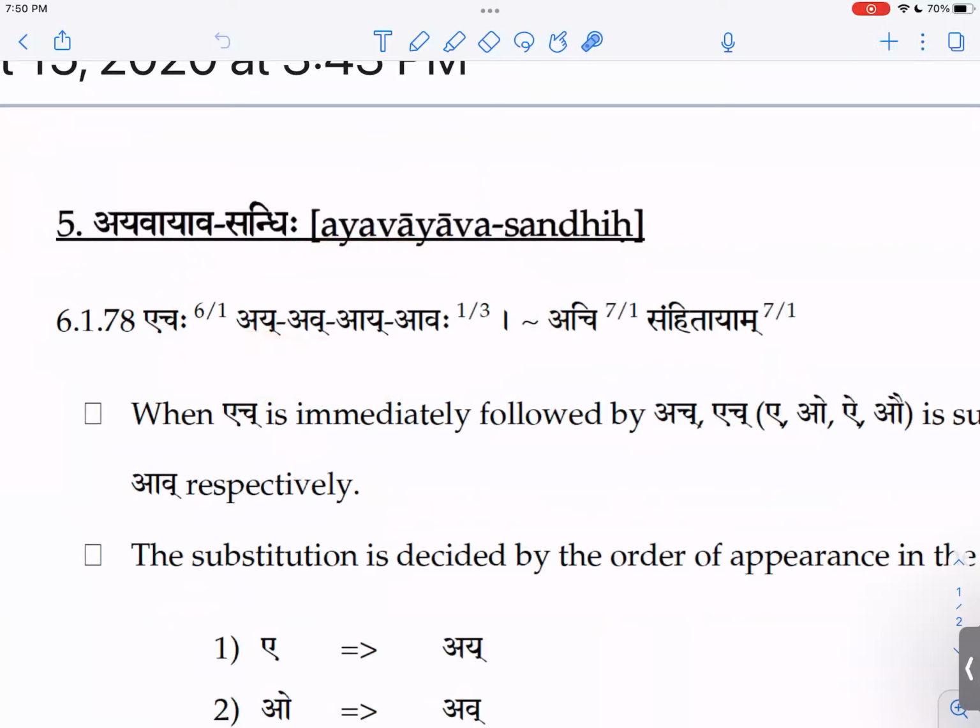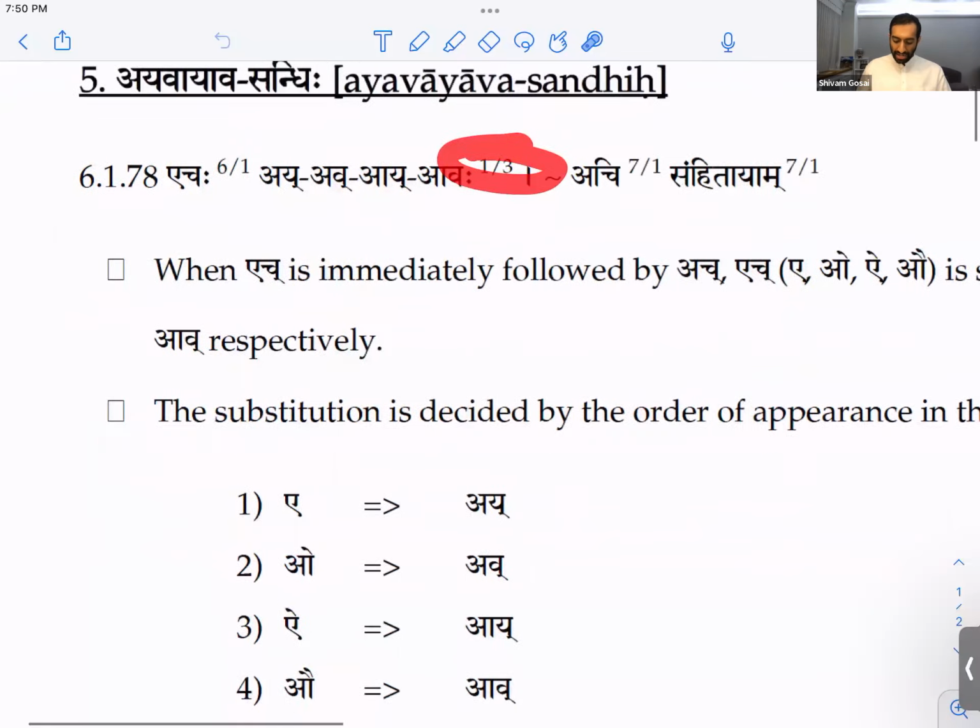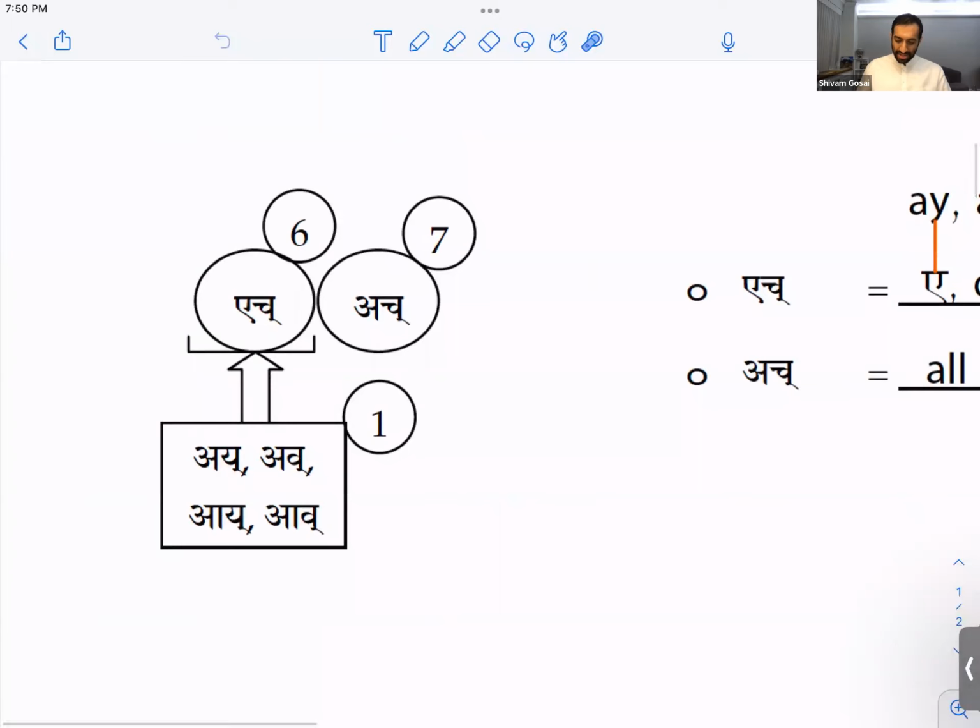Why do they, excuse me, why do they add an extra akara to make it ayavayava sandhi? Because what happens is, each of the declensions in the sutra gives a specific meaning. So that which is in the first case is the thing. So you see this number 1 here. The thing which is in the first case in the sutra is that which is going to replace something else.